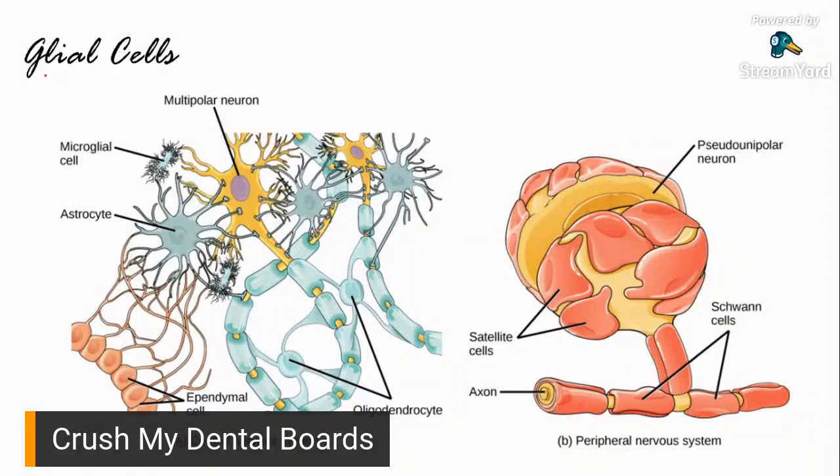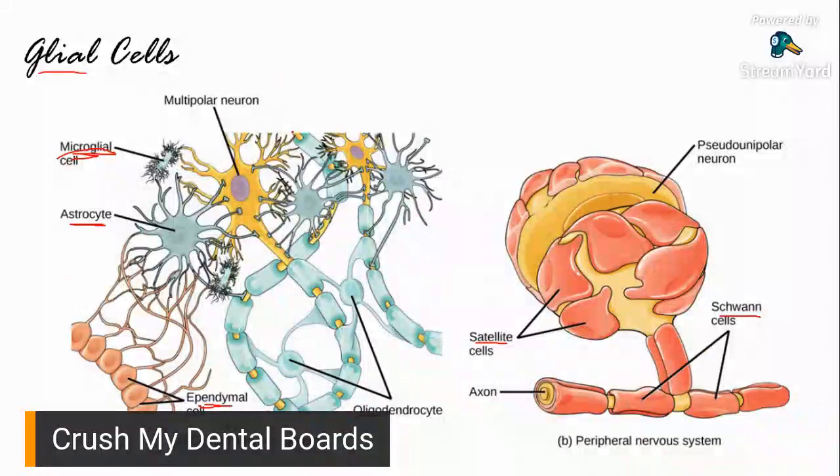Now, glial cells. What are the supporting cells that we can see in this picture? So you have your microglial cells right here. You have your astrocyte. You have your ependymal cells. Okay. You have your oligodendrocyte. And then on the right side of the screen, you have your satellite cells and you have your Schwann cells. Now, what's the difference between the two?